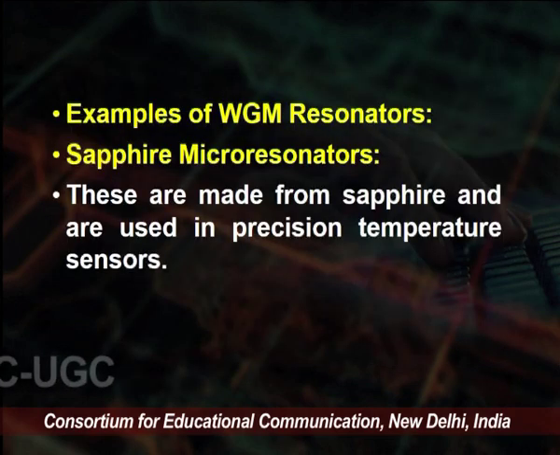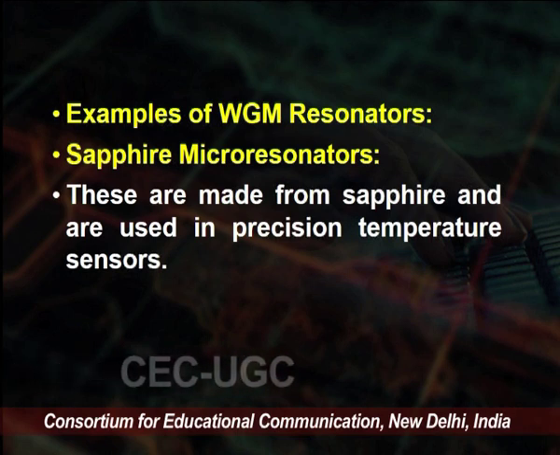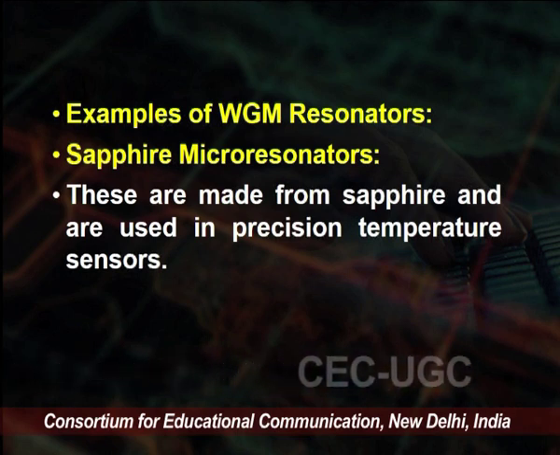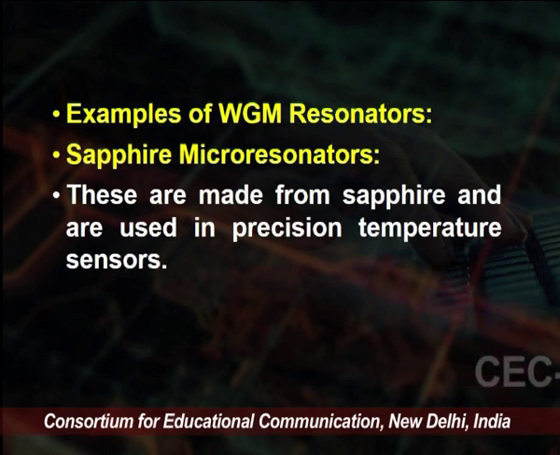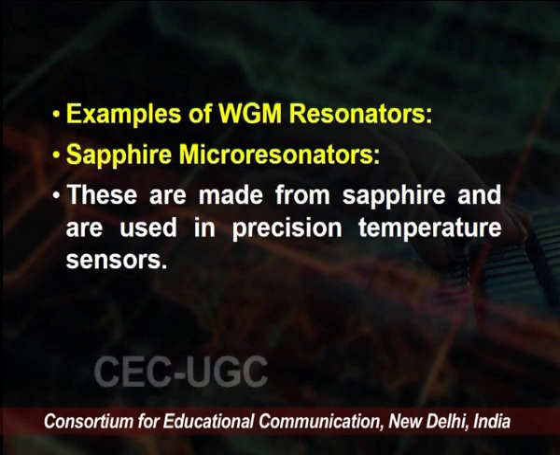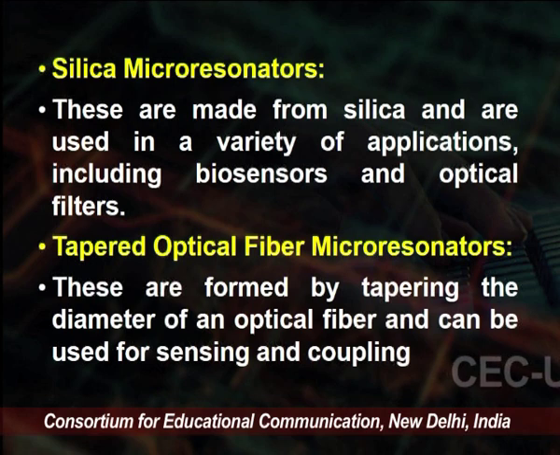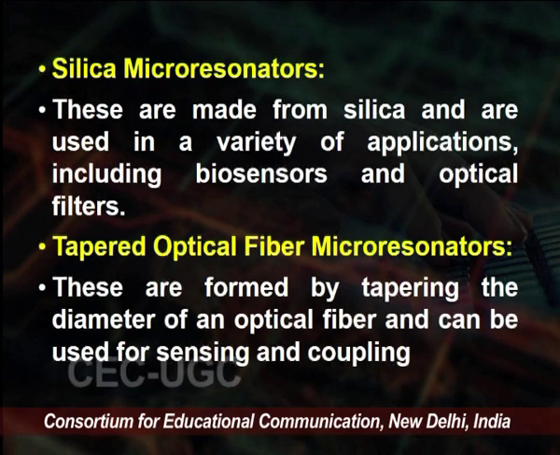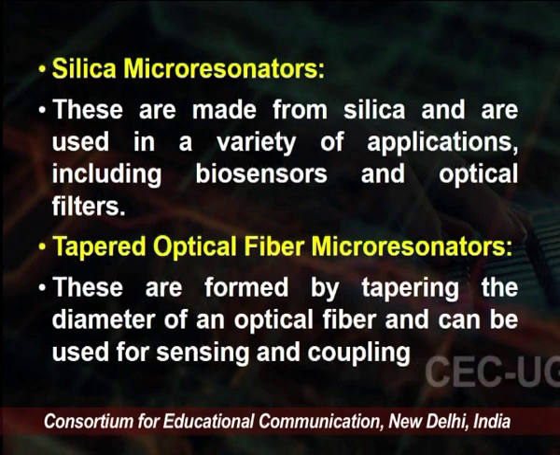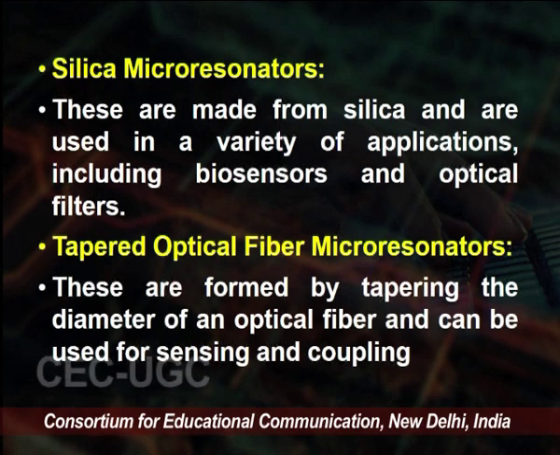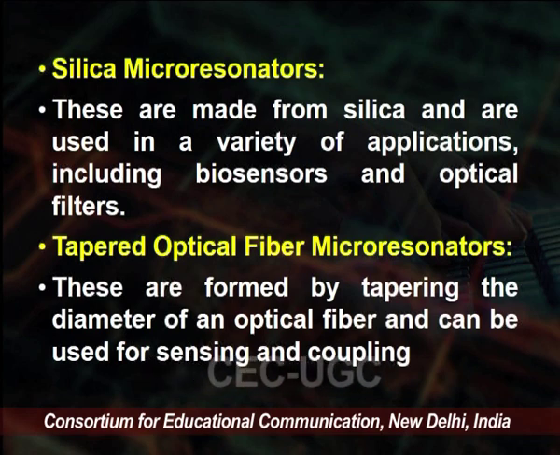Then what is the example of the WGM resonator? The sapphire micro resonators are made from sapphire and are used in precision temperature sensors. Another type is the silica micro resonator, which is made from silica and is used in a variety of applications, like biosensors, and moreover in optical filters.